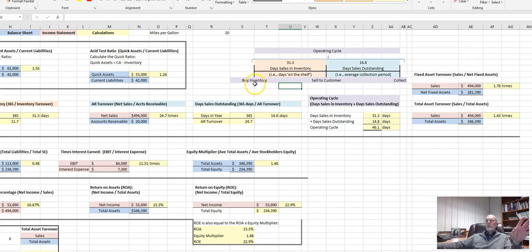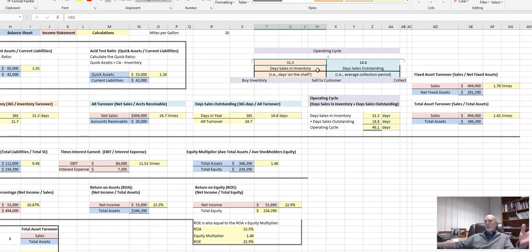They buy inventory, it sits on the shelf until they sell it, and then after they sell it to a customer, if they sold it on account, they have to wait a certain number of days until they collect from the customer. Well, we just calculated that it takes a little over 31 days for that inventory to turn over.